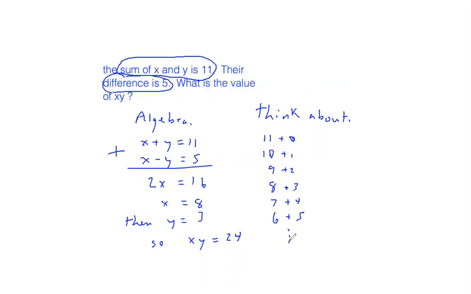Now we're getting repeats. And we have to ask ourselves, where is the difference? Where is the difference 5? Right there. So my two numbers are 8 and 3. 8 times 3 is 24.